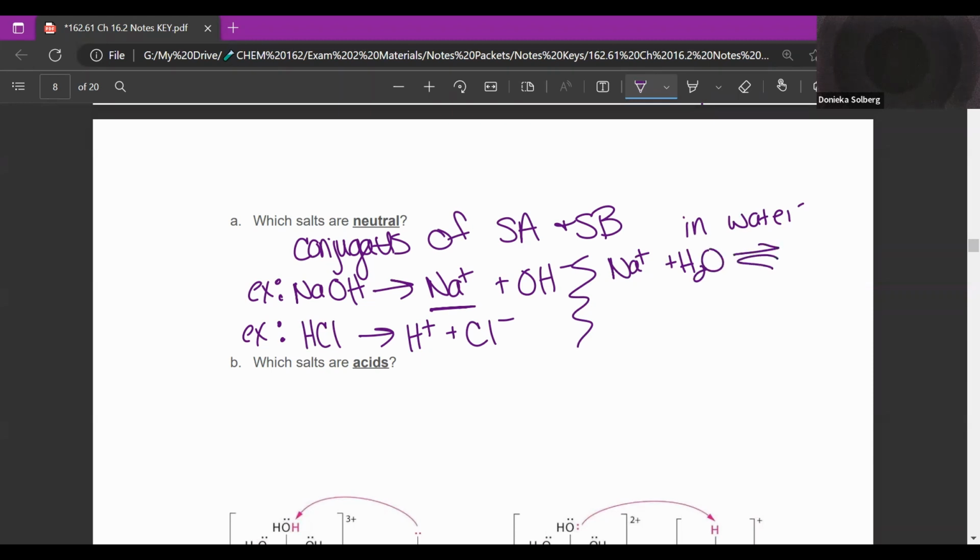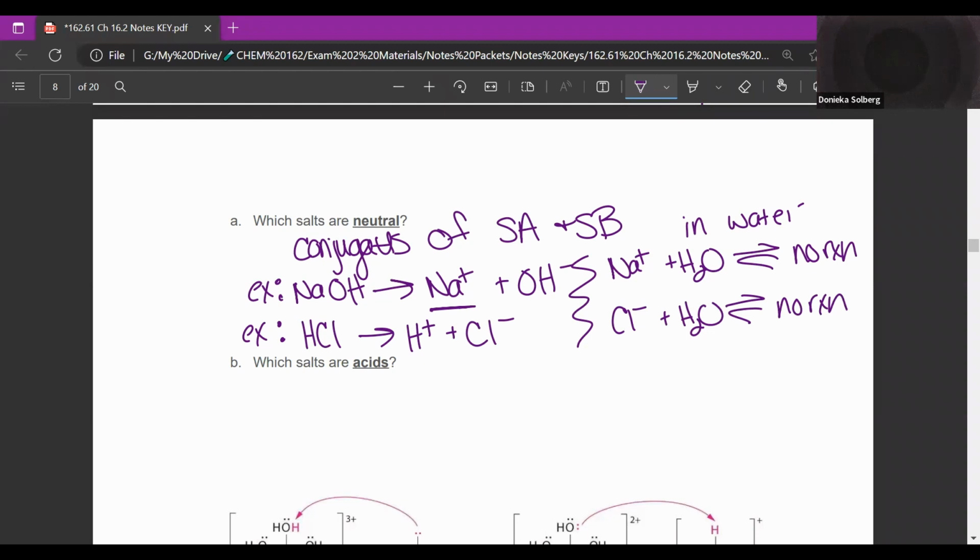It can't do anything. It can't go backward. It can't make NaOH because it is a strong base. Same thing if I put Cl minus in water. It can't make HCl because HCl is always going to break up, so you get no reaction. Those are the things that are neutral. If your ion is part of a strong acid or strong base, it's not going to affect the pH.